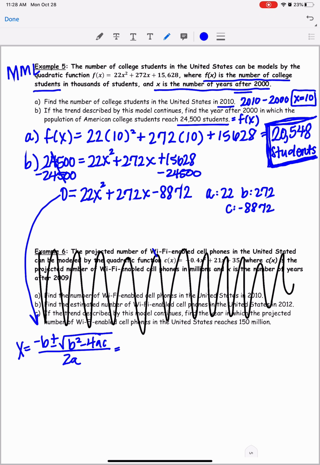So my b is 272. So I've got negative 272 plus or minus the square root of 272 squared minus 4 times A times C, and this is all over 2A.